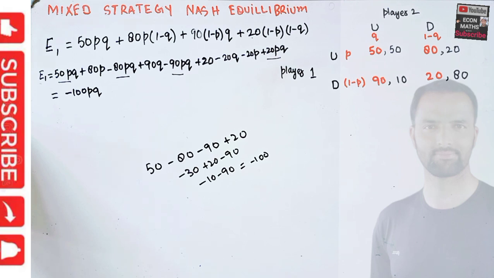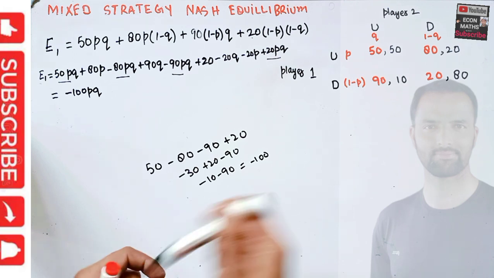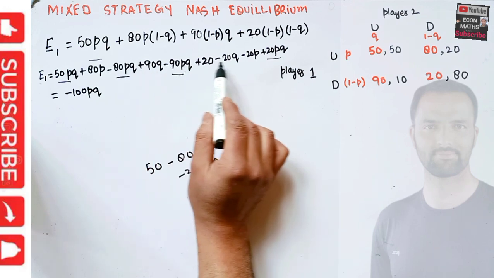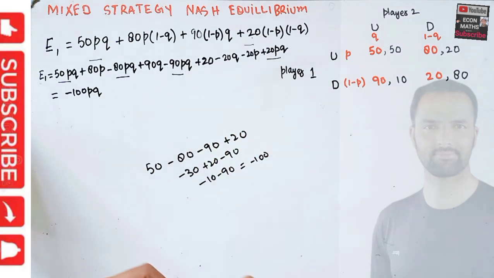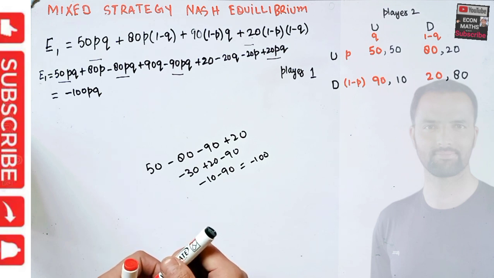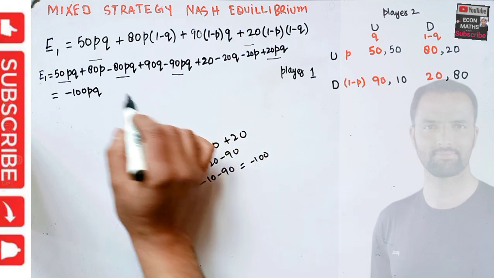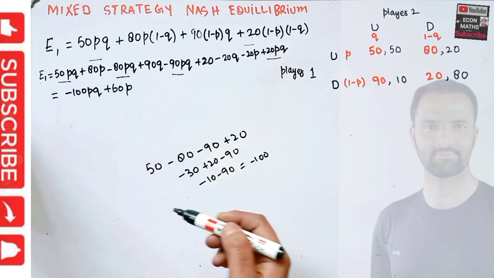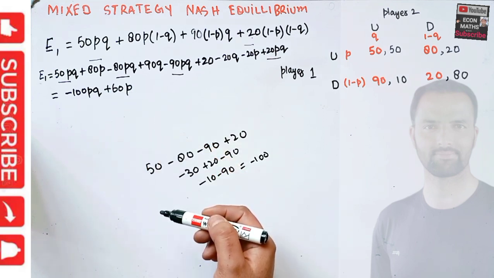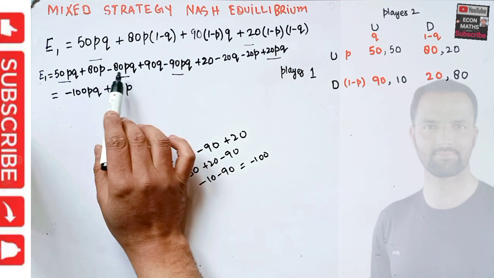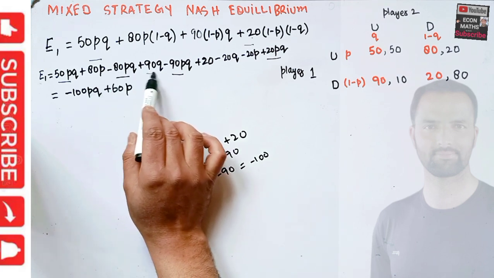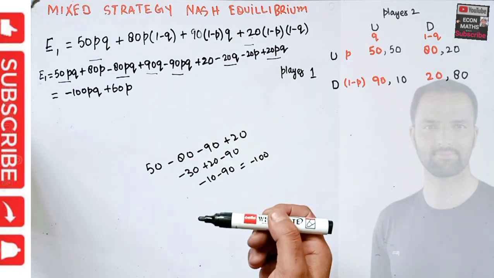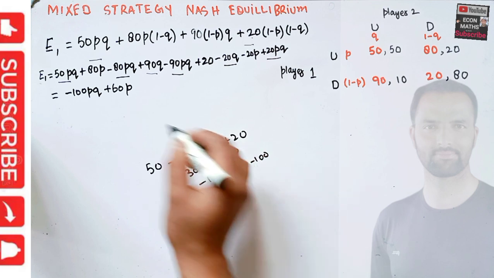After that, we will see the like terms, like we have p here. So we have 80 minus 20, it will come out to be 60, so we have 60p. Then we will see q. We have 90 minus 20, which will come out to be 70.